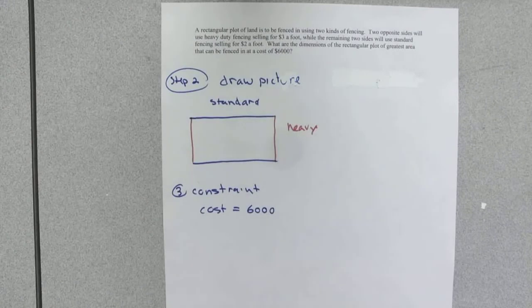We had to decide what that means mathematically. When I read it again, it says two opposite sides will use heavy-duty fencing, selling for $3 a foot, while the remaining two sides will use standard fencing, selling for $2 a foot. And so the cost is really going to be split up into how much standard fencing I buy plus how much heavy-duty fencing I buy. So it really is all about the amounts of standard and heavy-duty.